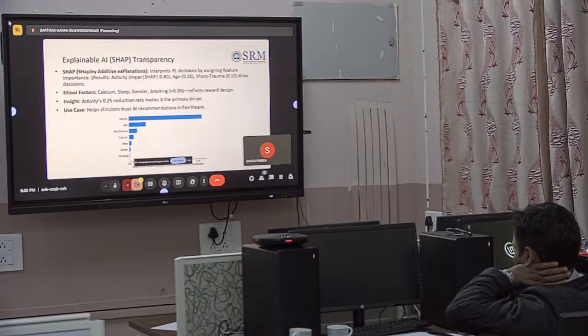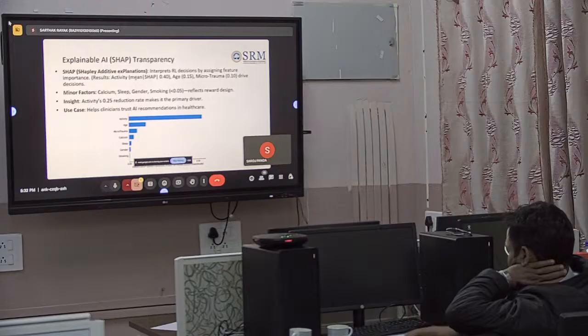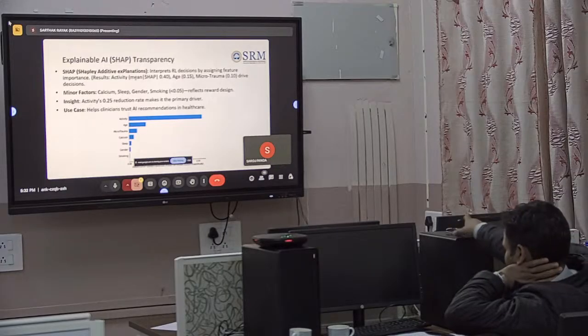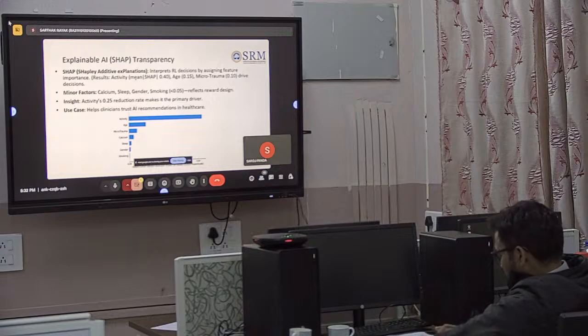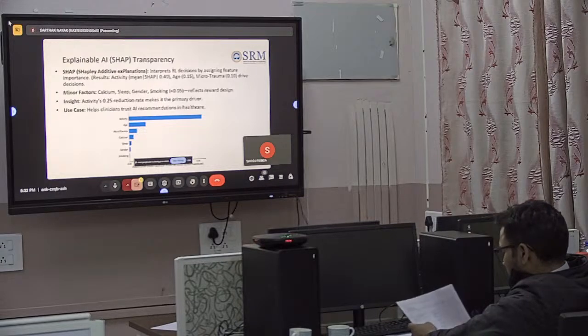Basically, here it highlights that the activity has the biggest impact, 0.4, followed by age. If you are older, the chances of fracture increase, and there are other factors as well. These are scaled from 0 to 1, and depending on that, it suggests the activities.